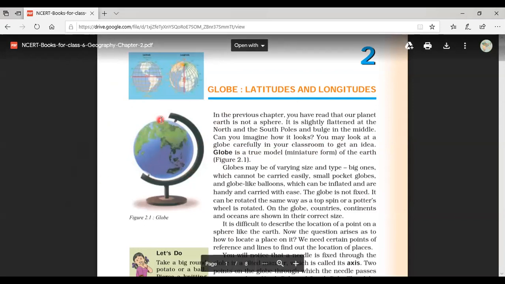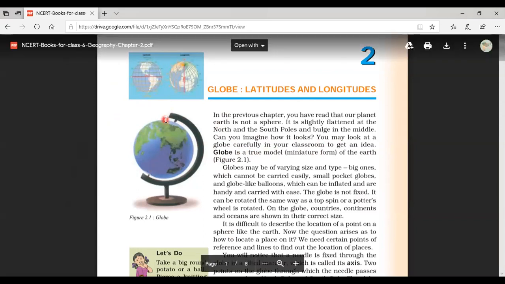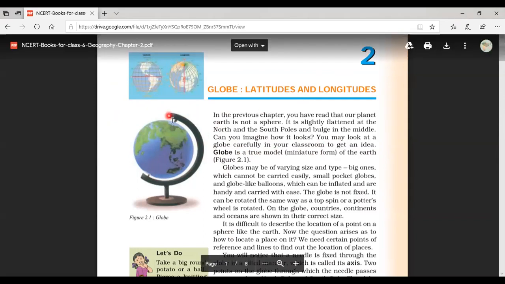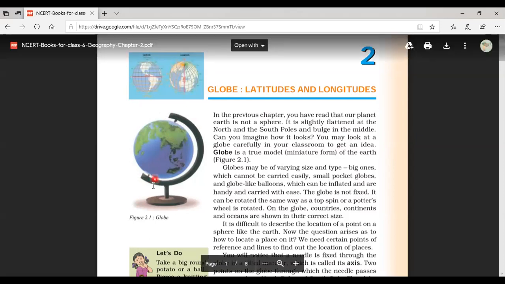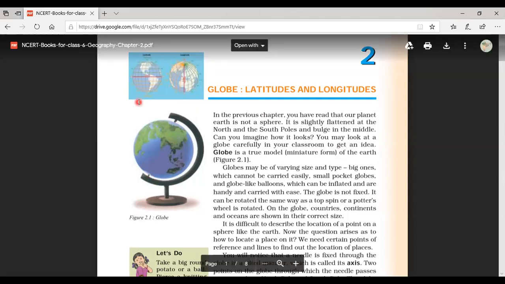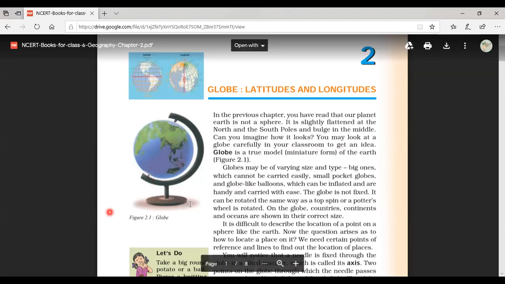The globe rotates on its axis. This is the axis of the Earth. You can see this line passing through like this. In the same way, the Earth has an imaginary line, which does not really exist, but geographers consider it as a line.